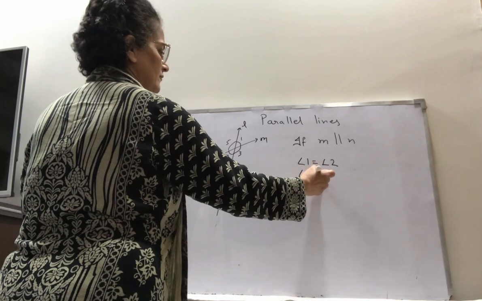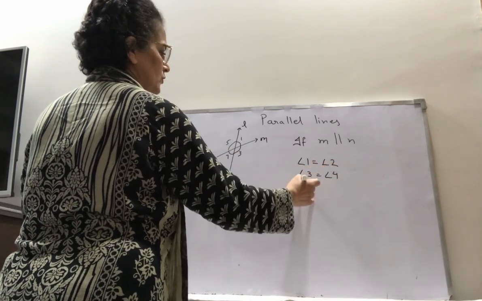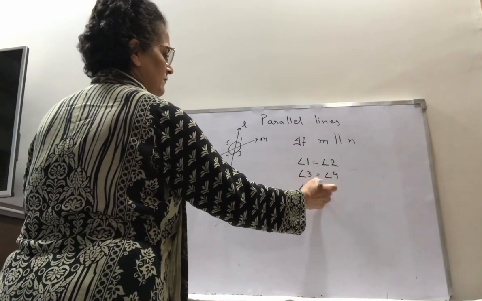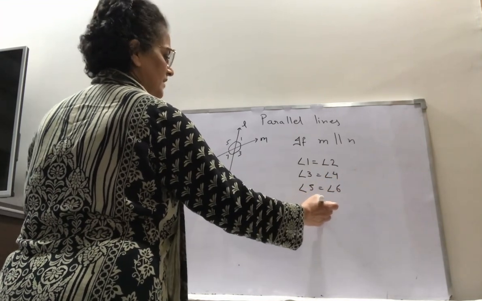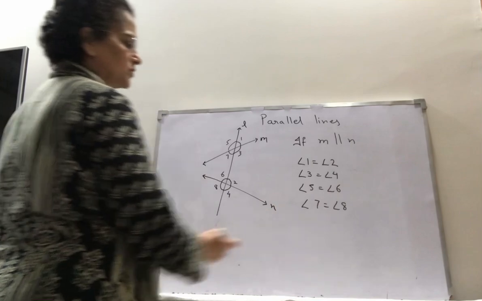Angle 3 will be equal to angle 4. Angle 5 will be equal to angle 6. Angle 7 will be equal to angle 8.